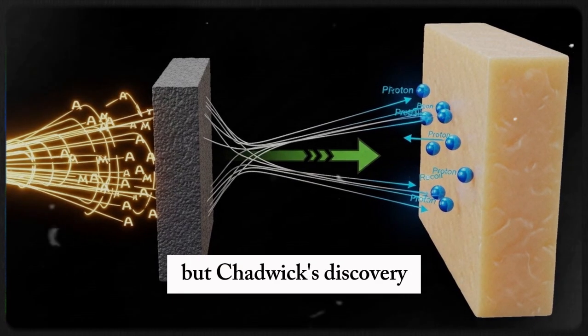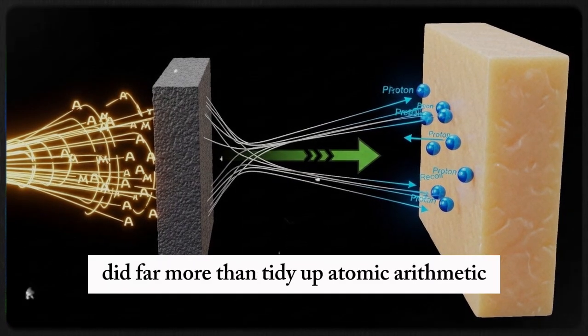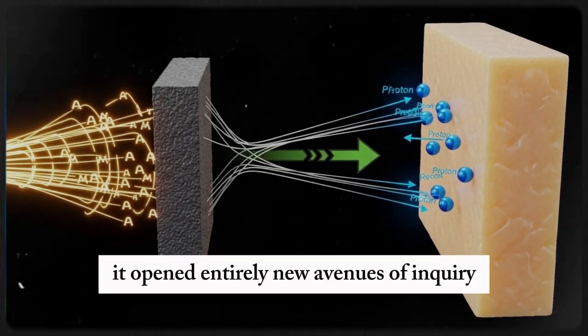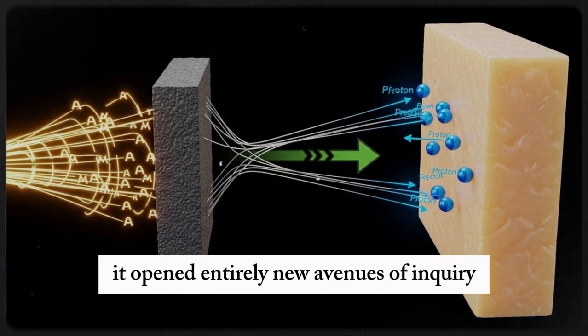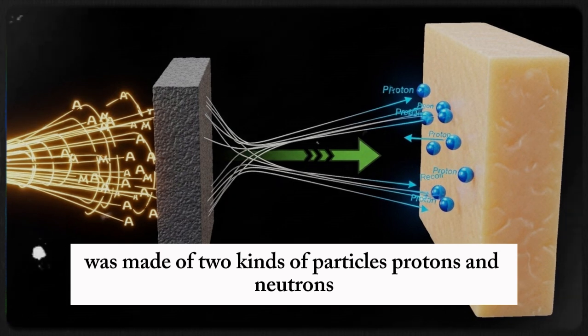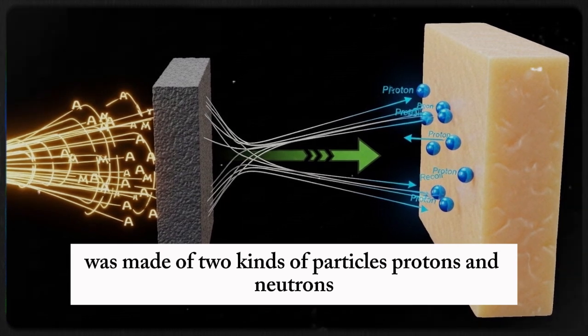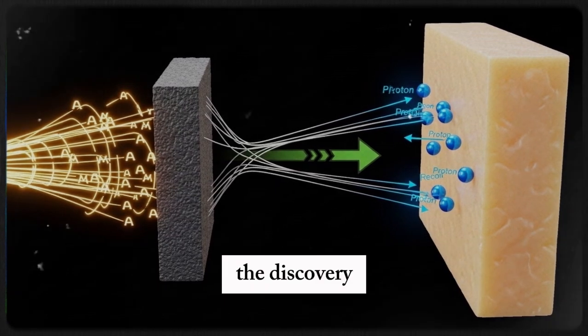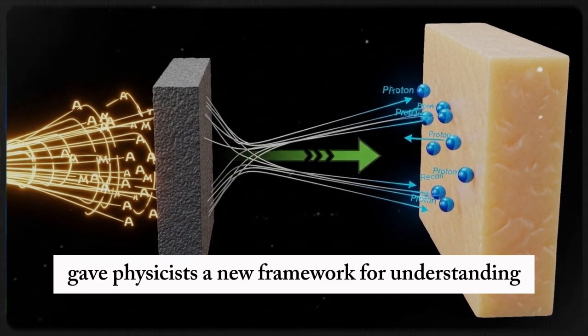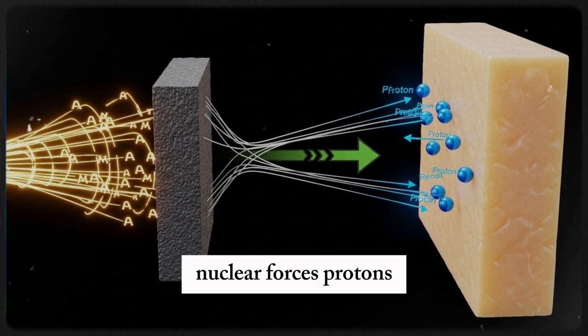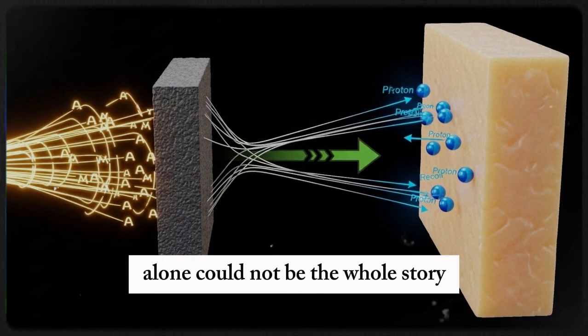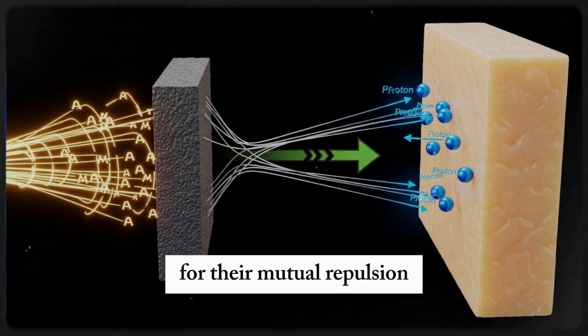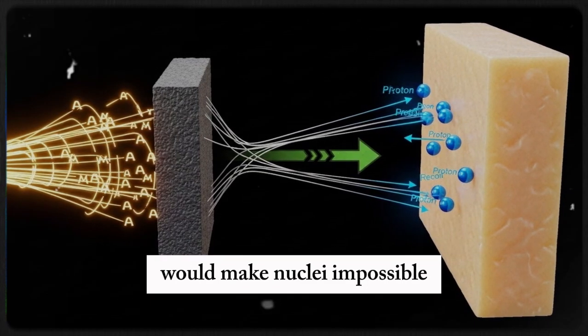But Chadwick's discovery did far more than tidy up atomic arithmetic. It opened entirely new avenues of inquiry. By showing that the nucleus was made of 2 kinds of particles, protons and neutrons, the discovery gave physicists a new framework for understanding nuclear forces. Protons alone could not be the whole story, for their mutual repulsion would make nuclei impossible.